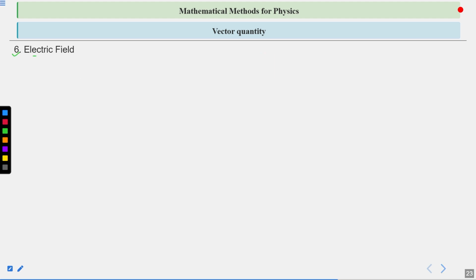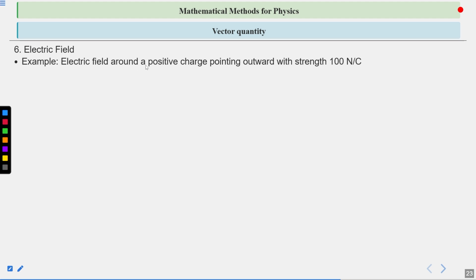Sixth is electric field. Electric field is also a vector quantity. Example, electric field around a positive charge pointing outward with strength 10 newtons per coulomb. This is the unit of the electric field, newton per coulomb. Vector representation is denoted by arrow. Suppose we have a positive charge, and the field points outward like this.